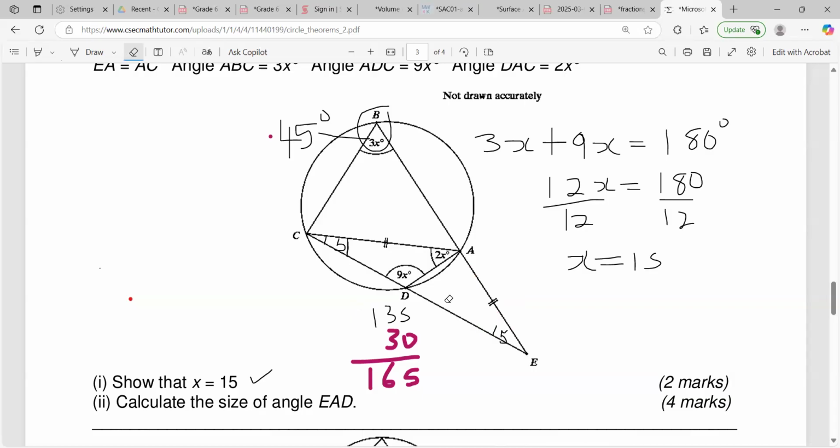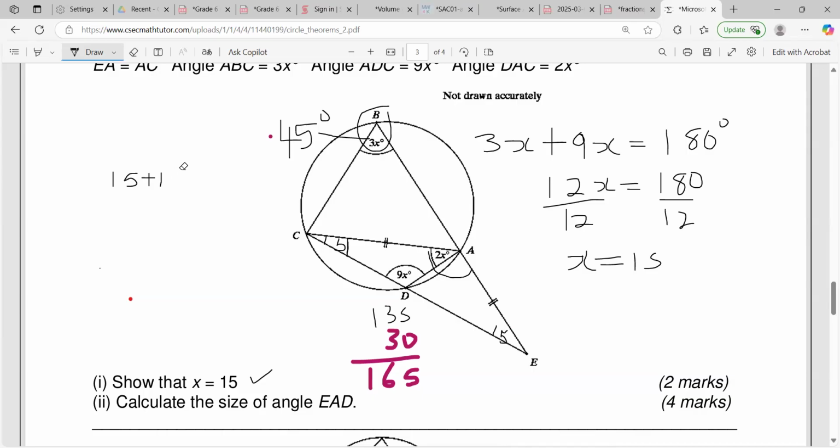And these are 15. So basically now we can figure out the angle here in its entirety. Right? So it'll be 15 and 15, and this is our 30. Yeah. So 15 plus the 15. Because we know 2x is 30 as well, right?